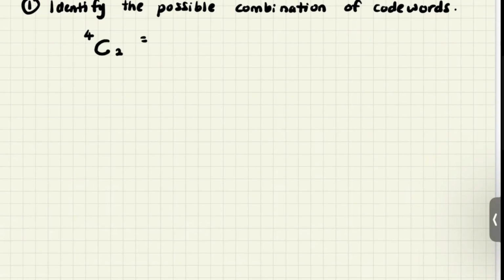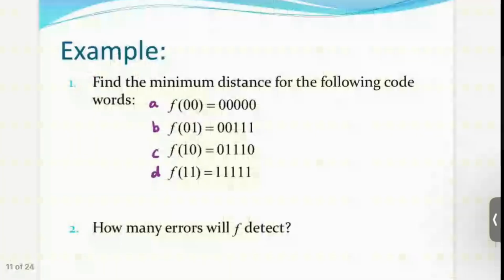You can use 4C2, and you will get 6 combinations: AB, AC, AD, BC, BD, and CD.